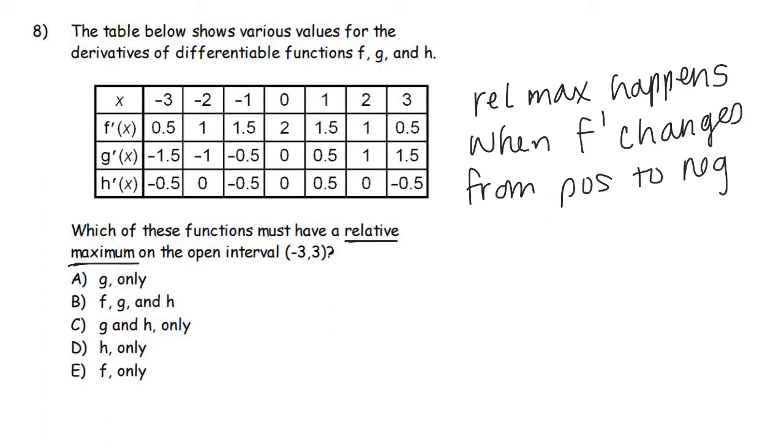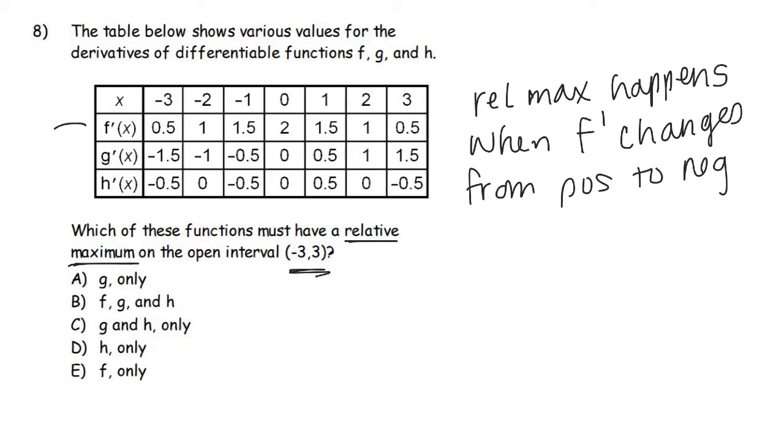So let's see what's going on here. Glancing through here, we're just looking from -3 to 3, so we're looking over the entire interval. And I'm looking to see where I change signs.